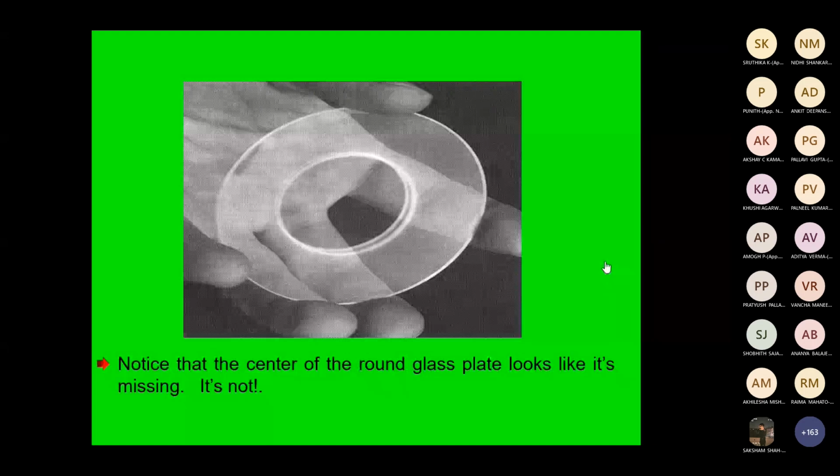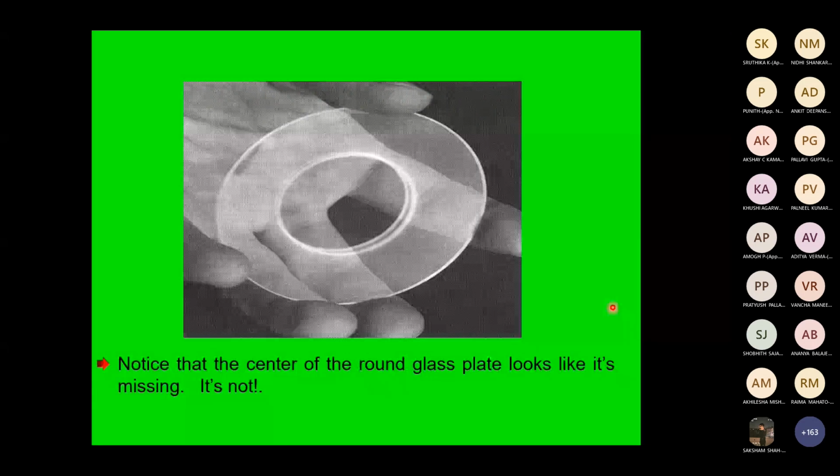CD player. Not a CD player. Is it a round glass reflecting internally? Well, the light is reflecting internally. Sir, is it an anti-reflection glass?